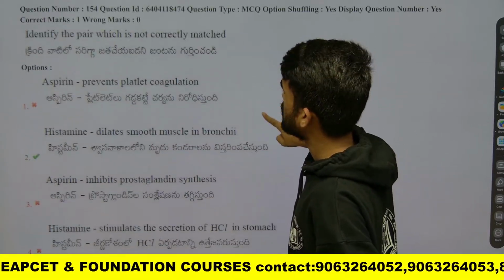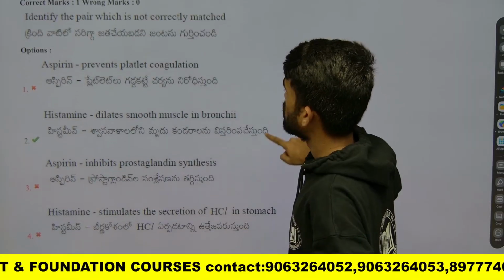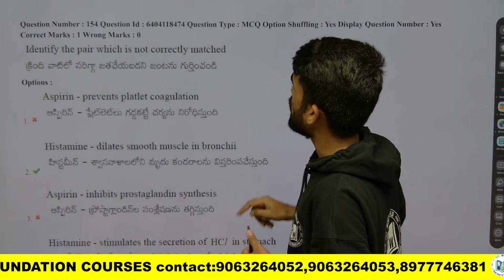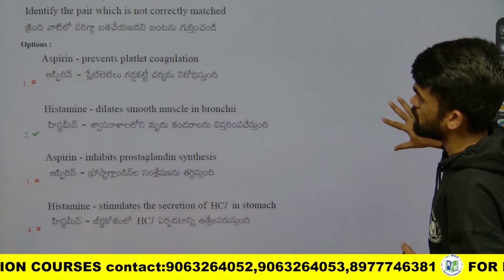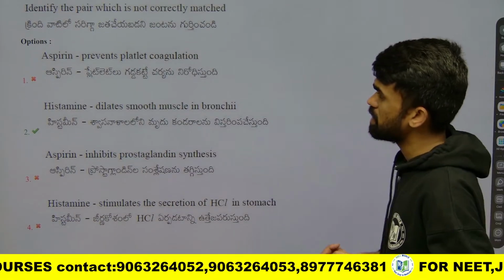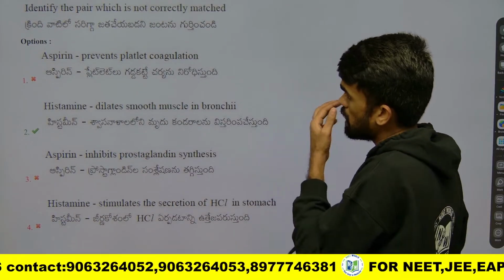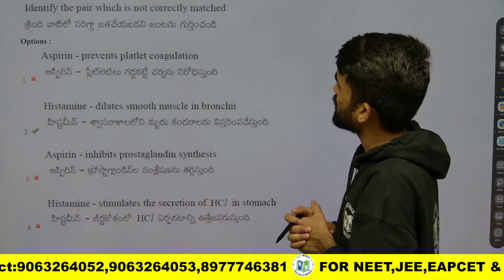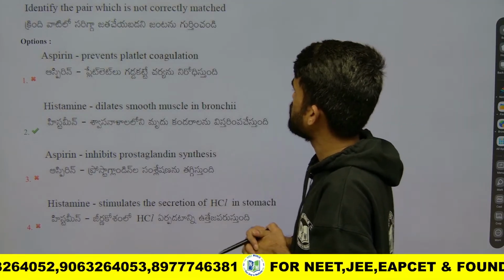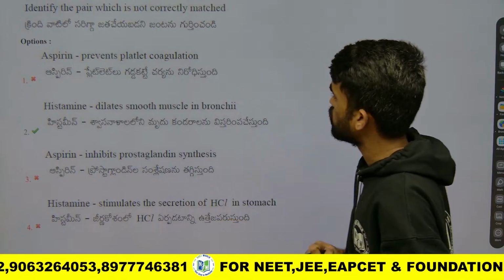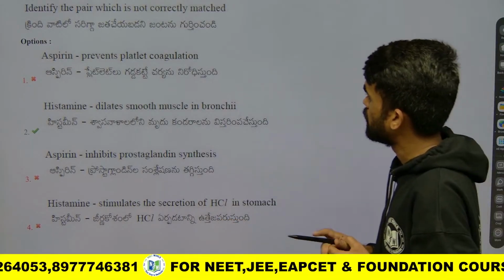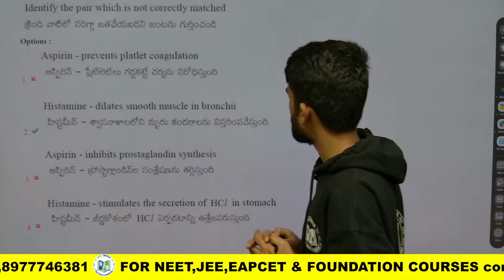Then next, identify the pair which is not correctly matched. This is again from chemistry in everyday life. Aspirin prevents platelet coagulation. Next, histamine dilates smooth muscle in bronchi.